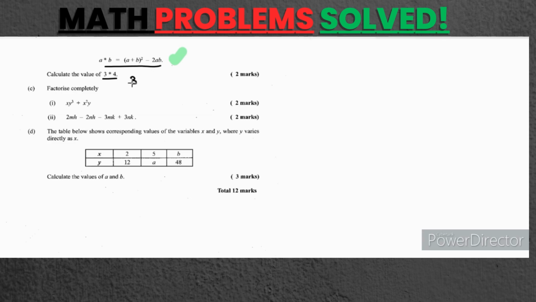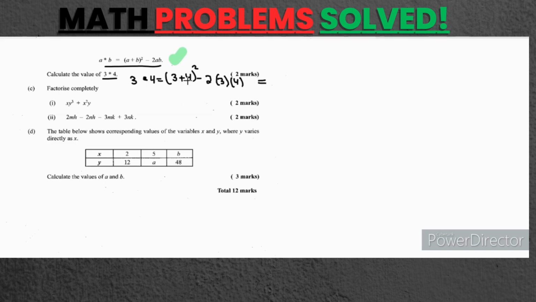Instead of a, you will write 3, right? 3 star 4 equals, what's here? It's a plus b whole square. You have to replace a by 3 and b by 4, right? So it will become 3 plus 4 whole squared minus 2 times ab. A is 3 and b is 4, right?